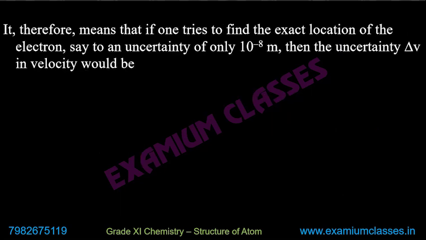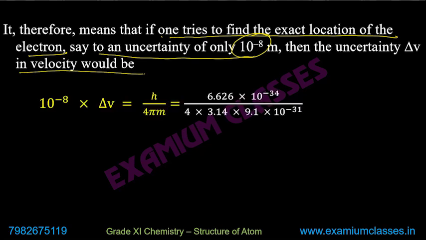So it means that if one tries to find the exact location of an electron, say to an uncertainty of 10 to the power minus 8, then the uncertainty delta v will be given by, I'm doing the same thing which I have already explained. I'm trying to get almost the exact position, which means the uncertainty in position, delta x, should be very, very low.